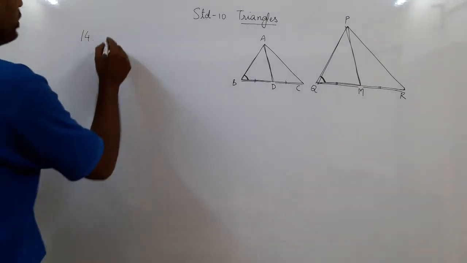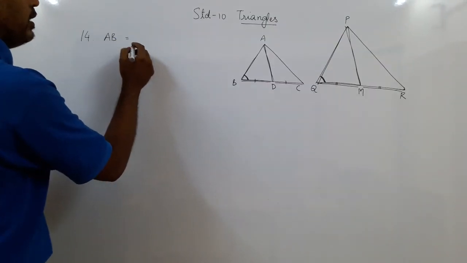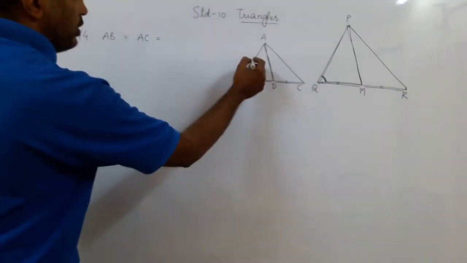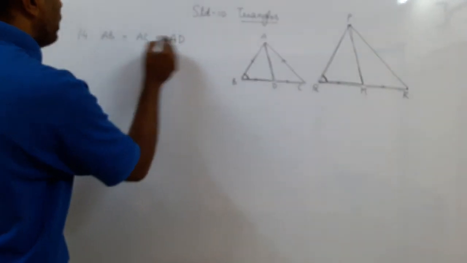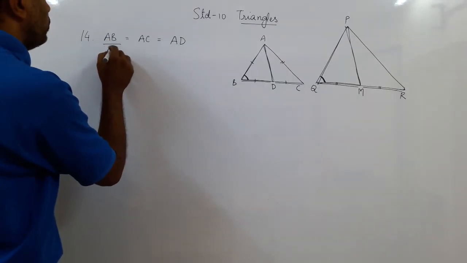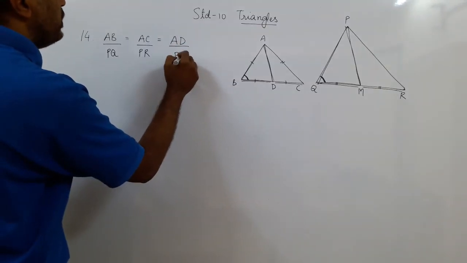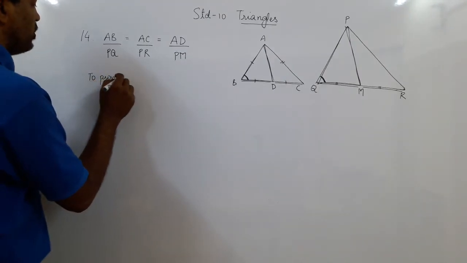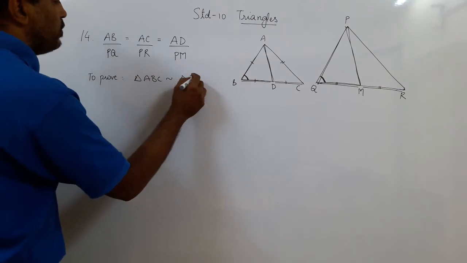You are given that AB, AC and the median AD are in proportion to PQ, PR and the median PM, and you have to show that triangle ABC is similar to triangle PQR.